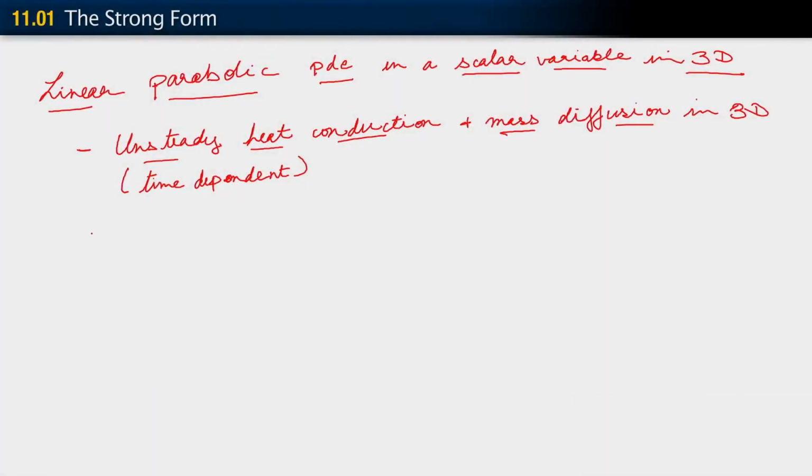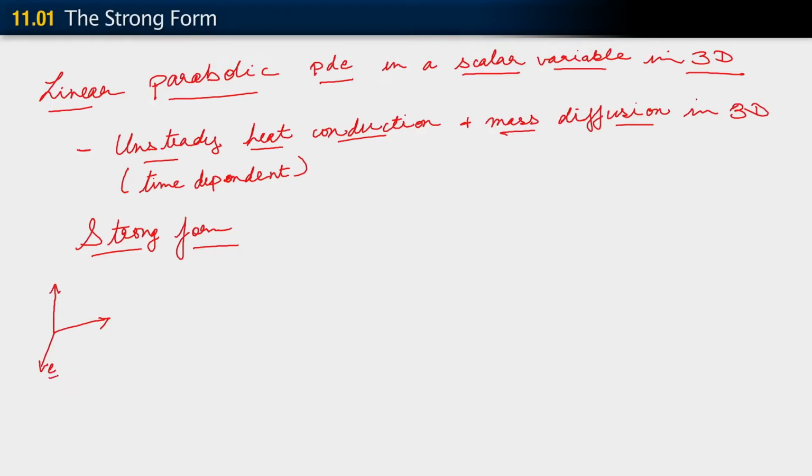So, with that setting, let's essentially write out the strong form. Okay, and as we've been doing, let's begin by drawing a picture, a figure.